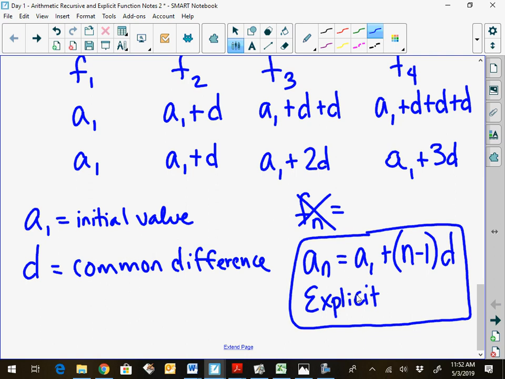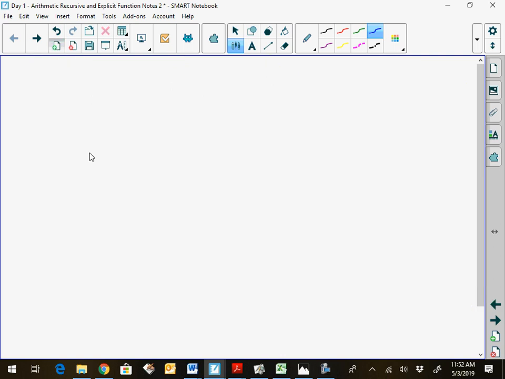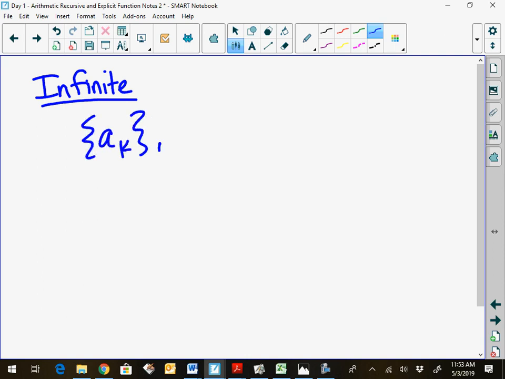Okay? So then I want us to think about, this was for a finite set. Let's think about if we have an infinite set. That might look just a little different, like our setup for it, but we could still write equations based off of it. So if we have an infinite set, or an infinite sequence, we could say a sub k when k equals 1 and it goes to infinity.